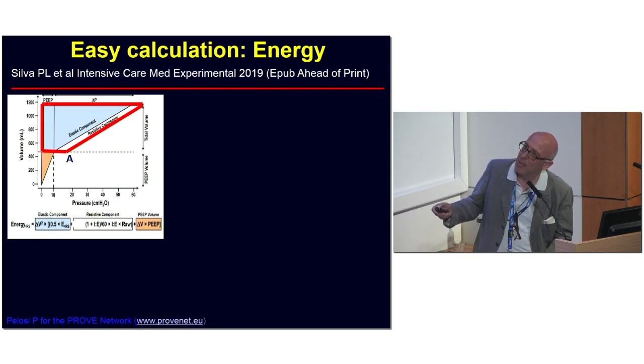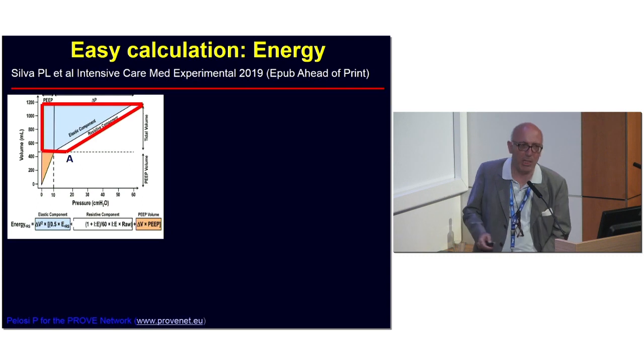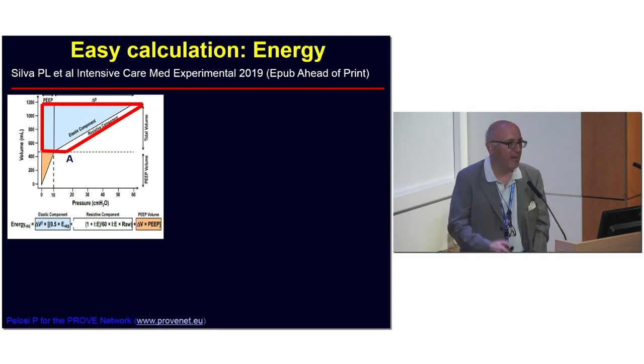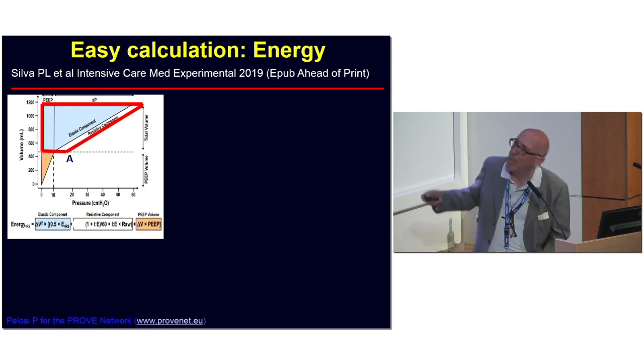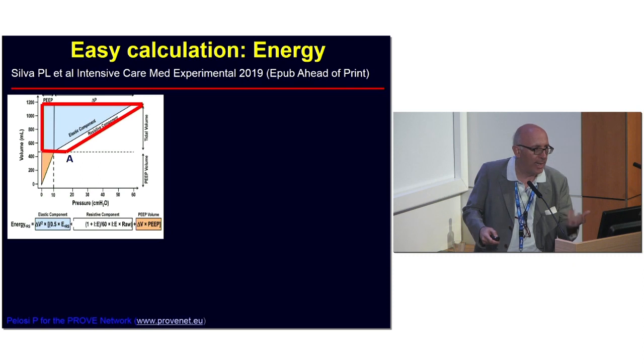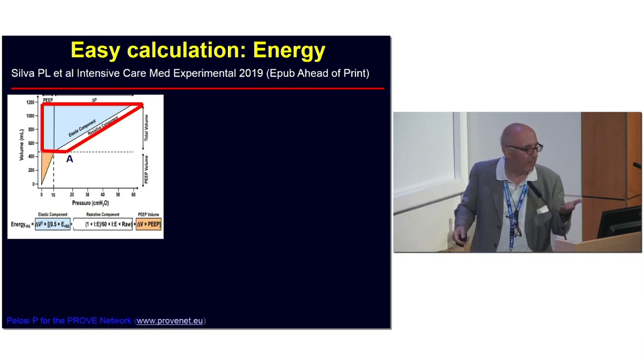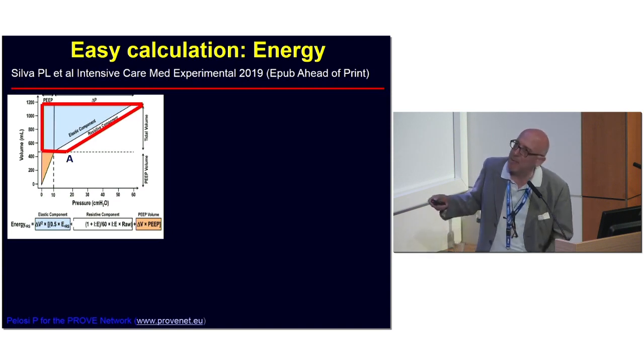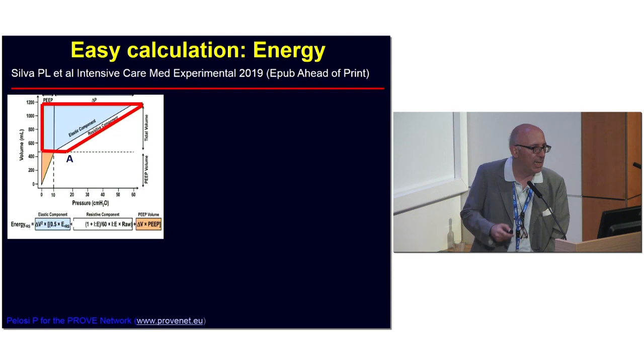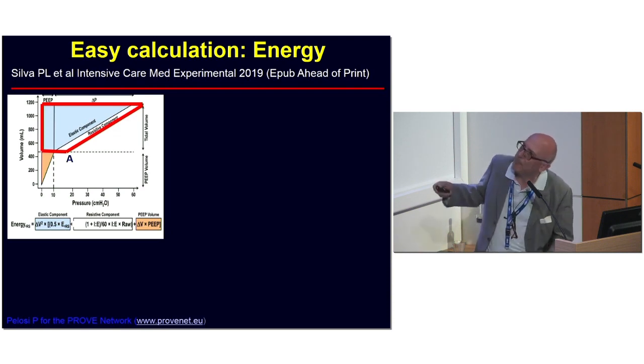So this rectangular area is the energy given by the ventilator by the PEEP in a static condition. We don't consider this triangle because we don't know in clinical practice how much is the volume that you get with the PEEP above the residual volume. But anyway, this is a minimal amount of energy that you are giving to the lung.